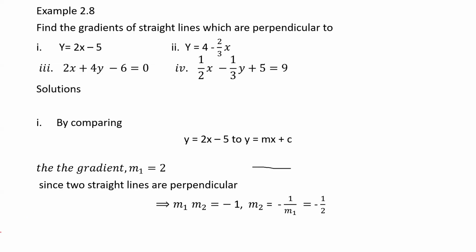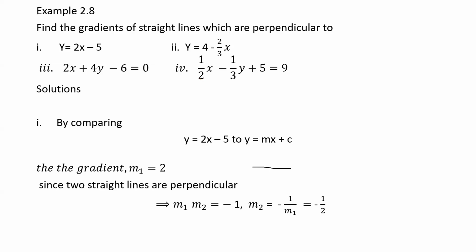Now the gradient. What is the gradient here? It's very simple. 3 on 2. Ivan, what is the gradient? The gradient is 3 on 2.